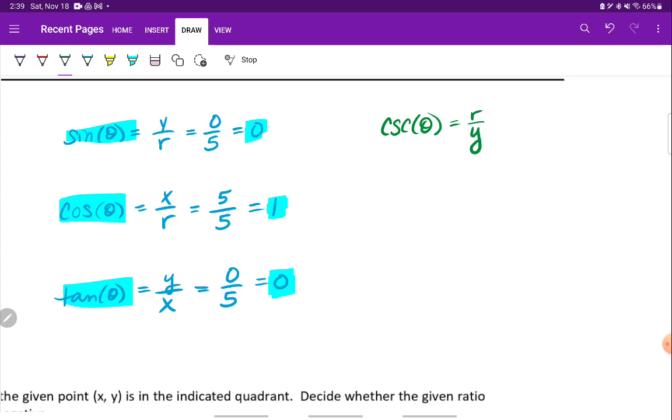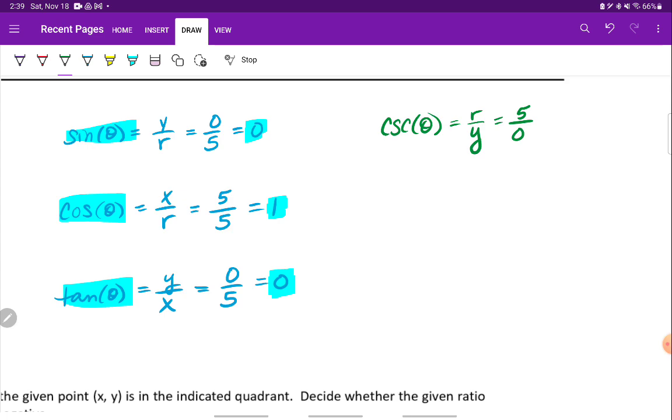Now, if you're going to take the reciprocal of your final answer, make sure that you're turning them into fractions when you flip them over. It might be easier to flip over the step before, like these ones. Cosecant is going to be 5 over 0.